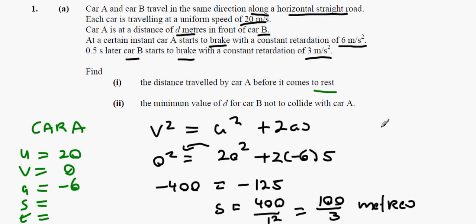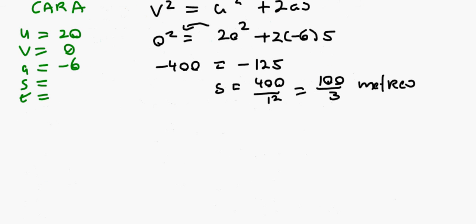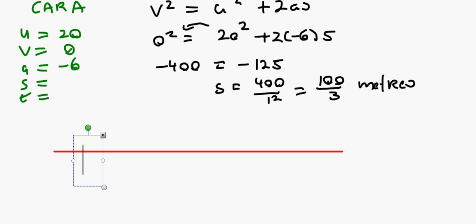This is what A traveled before it comes to rest. Now the minimum distance D for car B not to collide with car A. Car A is ahead of car B. Car B is over here, car A is here.